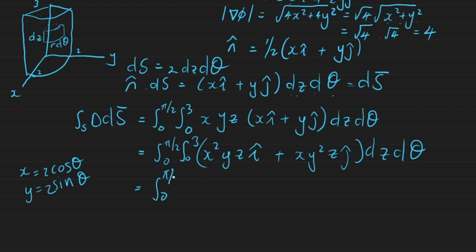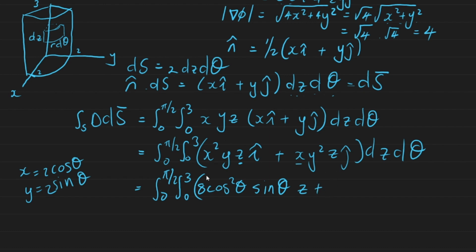So we go from 0 to pi over 2, 0 to 3, and then x squared. So we have 2 squared times cos squared theta multiplied by y. And so 2 times 4 is 8. So we have 8 cos squared theta times sine theta in the direction of i. And let's not forget z as well. So z is here, so we have to substitute that in.